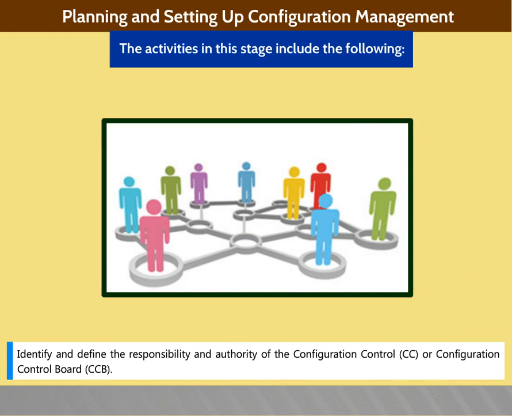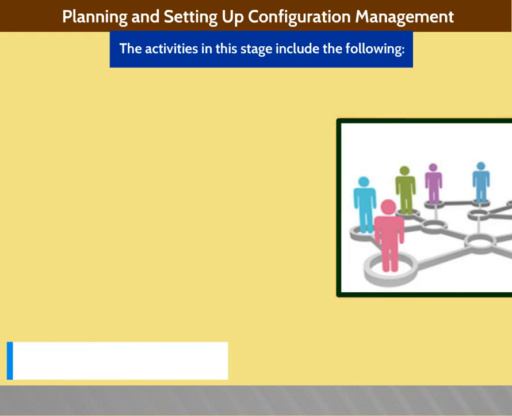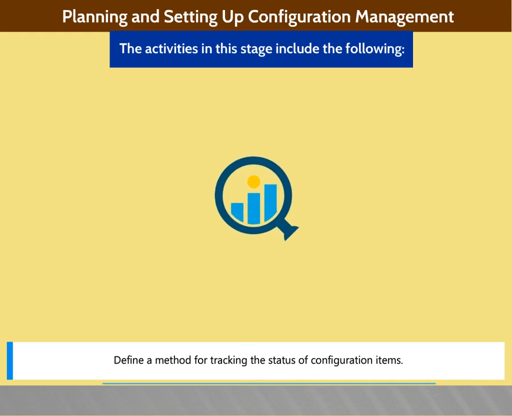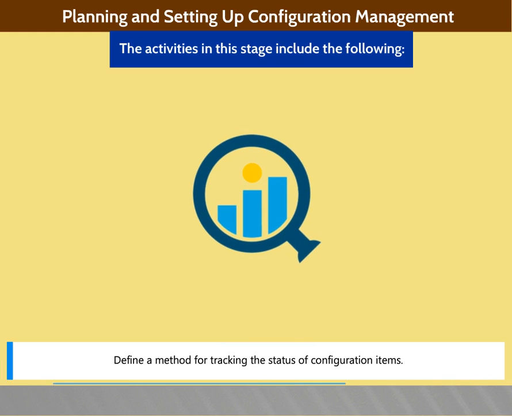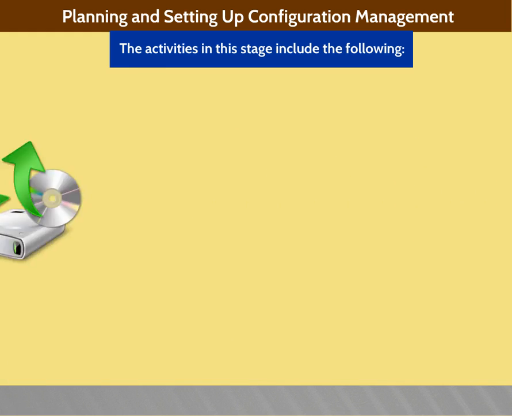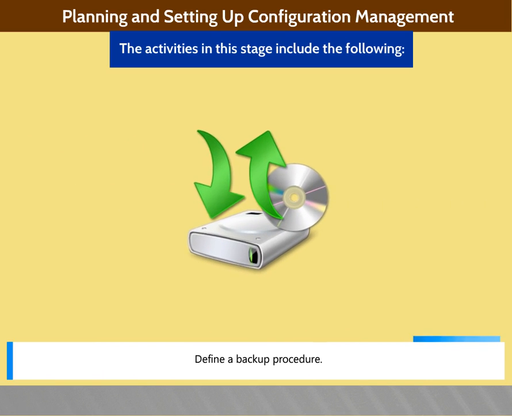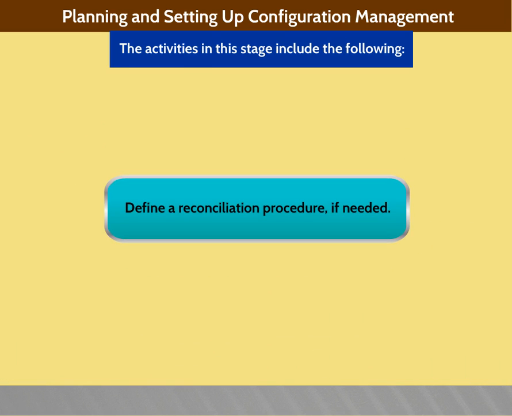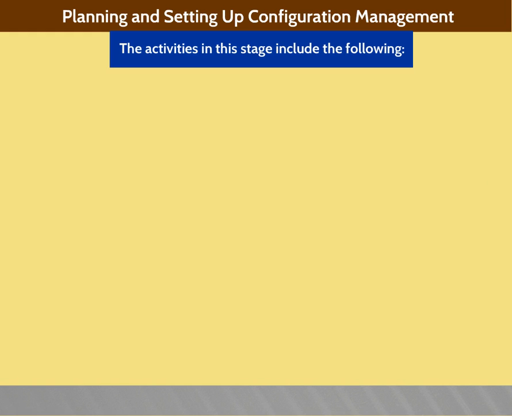Identify and define the responsibility and authority of the Configuration Control (CC) or Configuration Control Board (CCB). Define a method for tracking the status of configuration items. Define a backup procedure. Define a reconciliation procedure if needed.